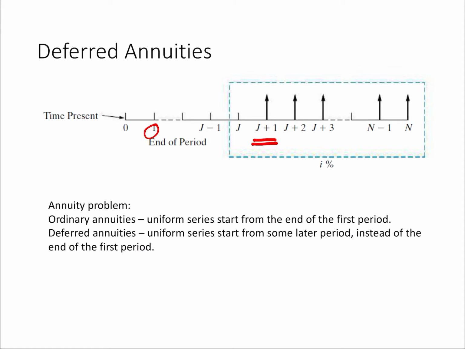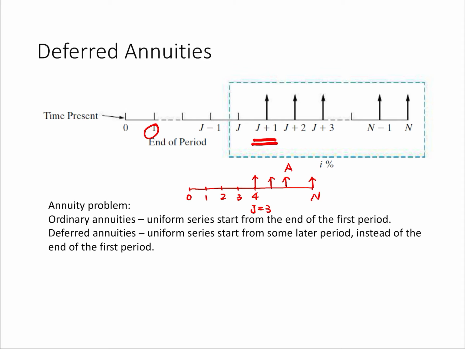To use the formula, you have to know what J is. Say you have a deferred annuity cash flow from 1, 2, 3, 4 until n, and your cash flow starts from year 4 until year n. That's a deferred annuity because it doesn't start from year 1. But what is your J in this case? Your J will be 3.